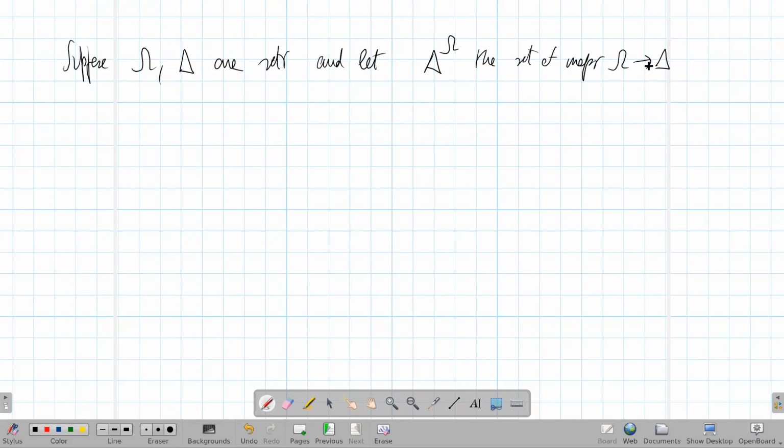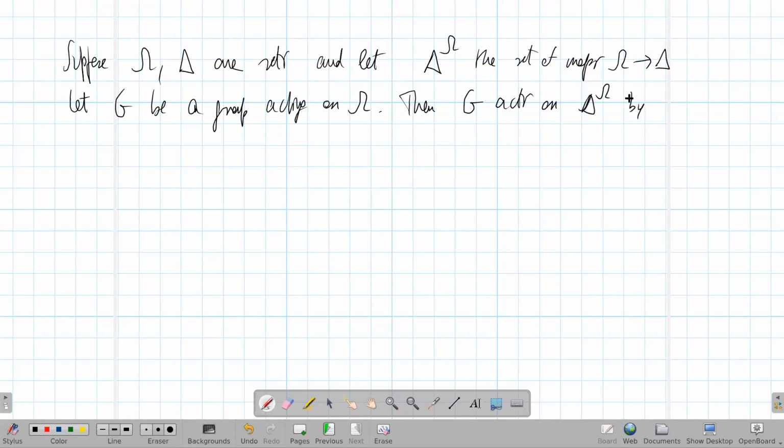Suppose G is a group acting on omega, the domain of these functions. Then G acts on delta to the omega as follows. You have f a function from omega to delta, and g in G. So what is f to the g?